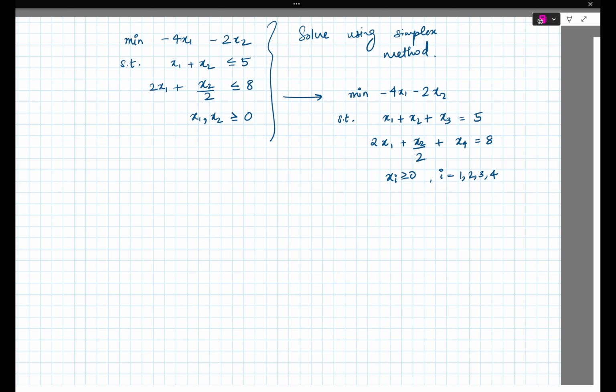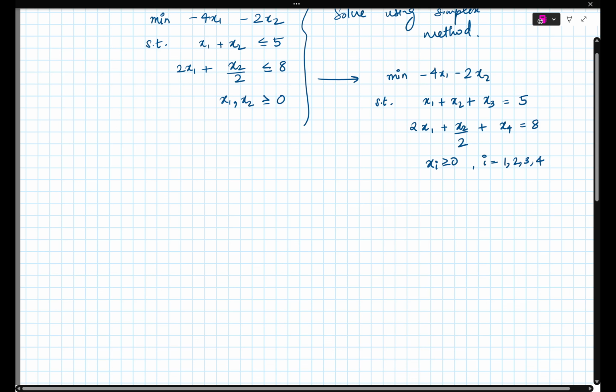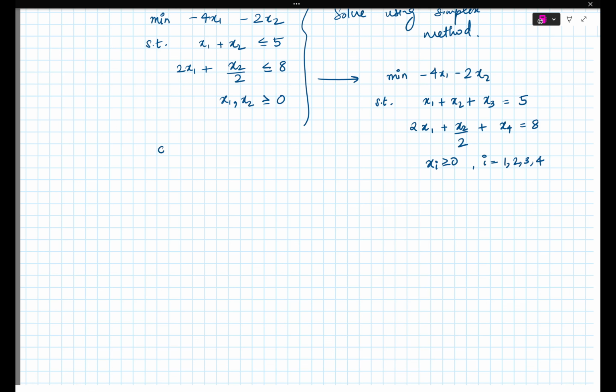If you recall the table, you have the entry cj, and you have all the variables here, right?